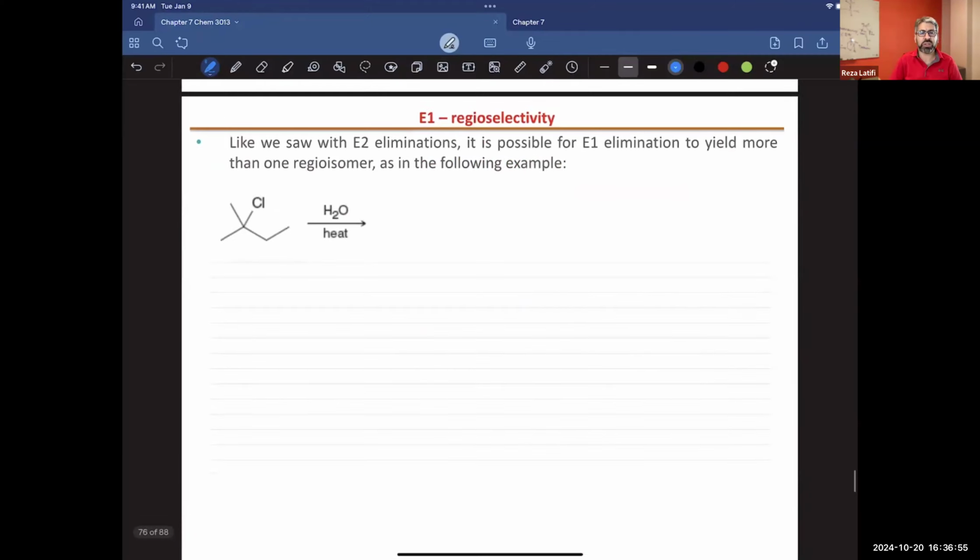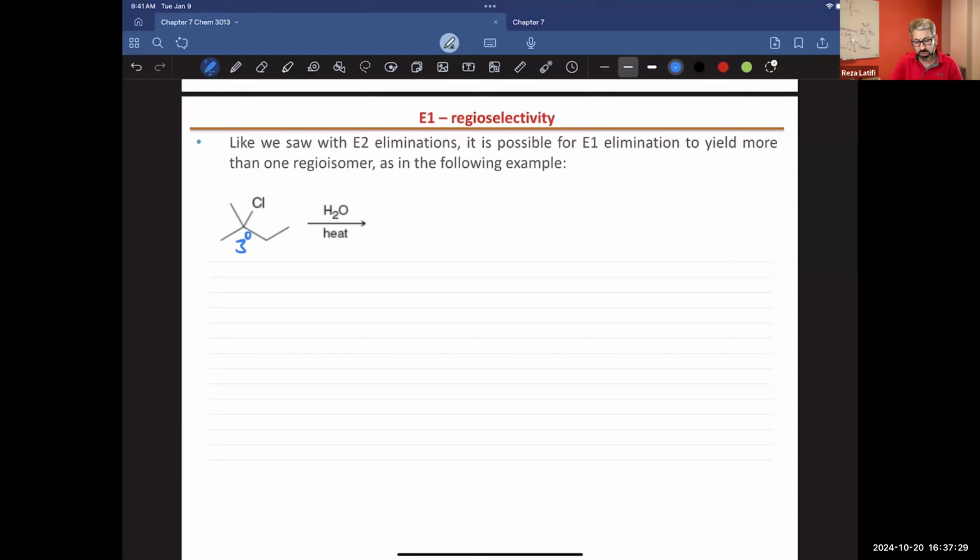Next, let's talk about the stereochemistry of the SN1 and E1 chemical reactions. The first step of this chemical reaction is to create a carbocation. What will happen to the carbocation after formation? It can go through SN1 nucleophilic substitution, first order, or it can go through elimination, again first order. In this case, I have a halide attached to a tertiary carbon.